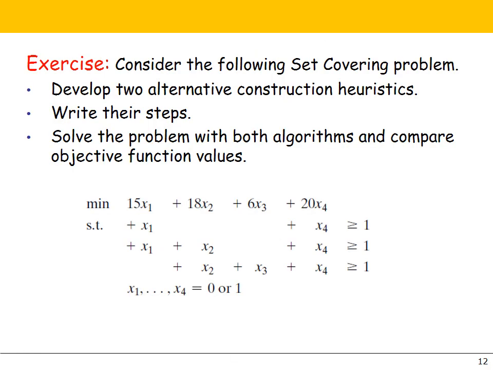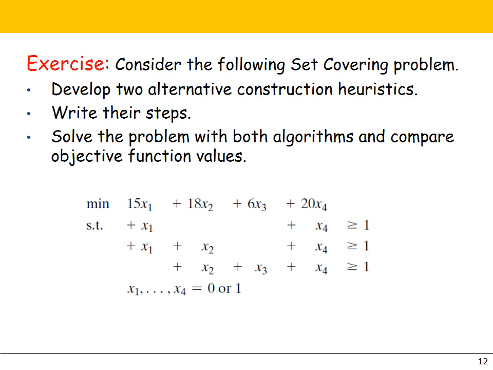This is an exercise for you. In fact, it is the set covering problem. The formulation of this problem is given here. Basically, there are 4 alternative locations to place, let's say, some emergency facility. It can be a fire station.